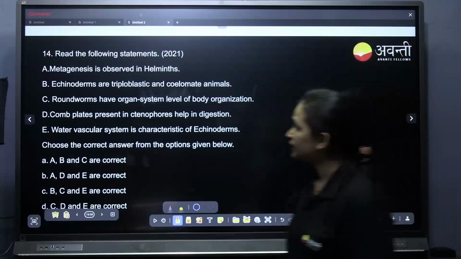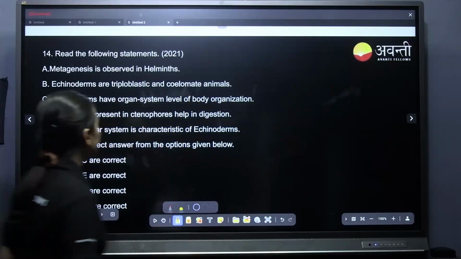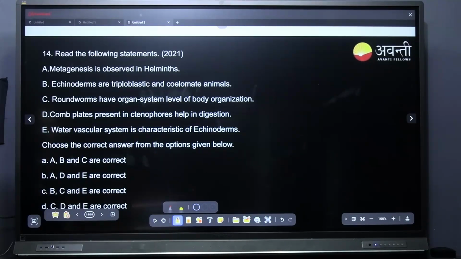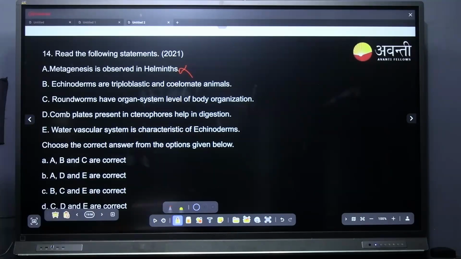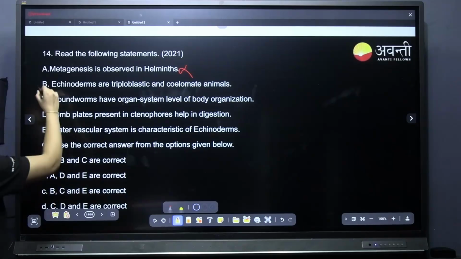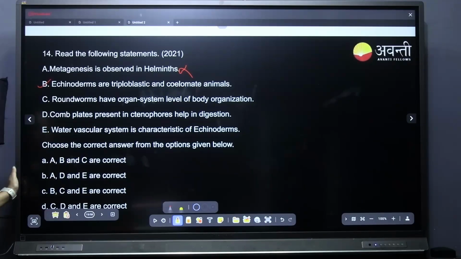Read the following question. Metagenesis observed in helminths. Metagenesis is observed in coelenterata. Echinoderms are triploblastic and coelomate, that is correct. Roundworms have organ system level of organization.